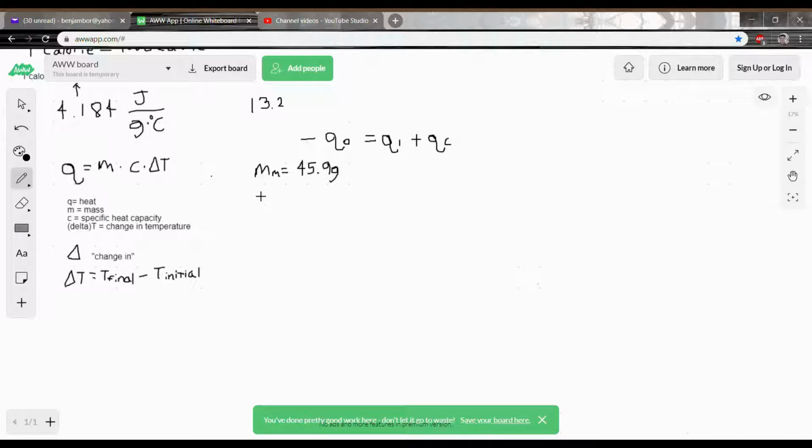So at the beginning of our experiment, our initial temperature, Ti, of the metal is going to be 89.7 degrees Celsius, and dropped into a calorimeter that contains 150 grams of water. So we have a mass of the water, and that is 150 grams. The initial temperature of the water, Ti of water, is 25 degrees Celsius, room temperature.